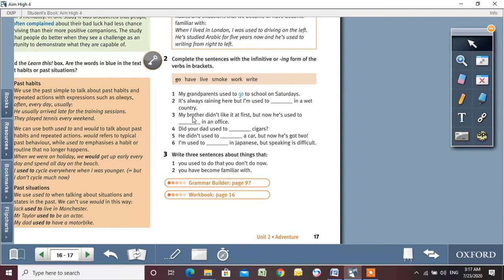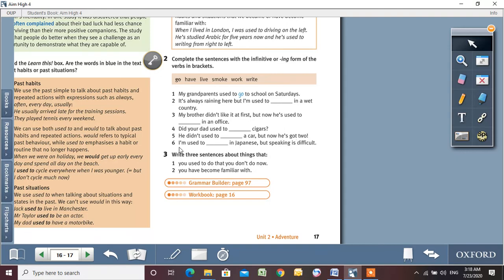Number 3. My brother didn't like it at first, but now he is used to... again, with is used to, I have to put verb plus ing. Working. So he's used to working in an office. Number 4. Did your dad use to smoke cigars? Number 5. He didn't use to have a car, but now he has got 2.